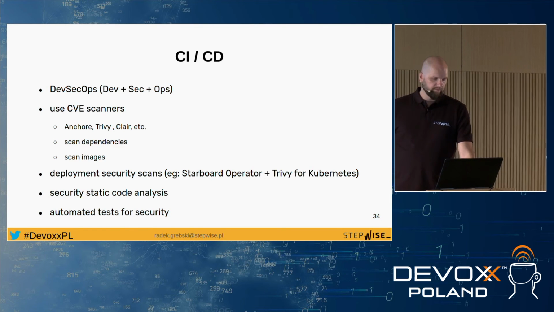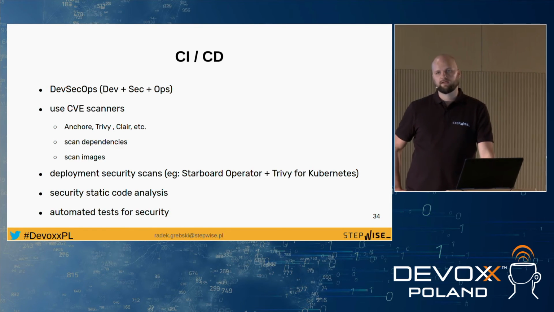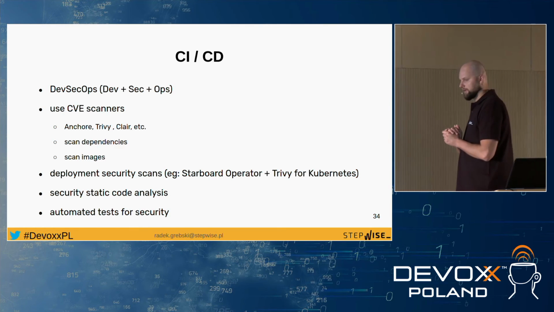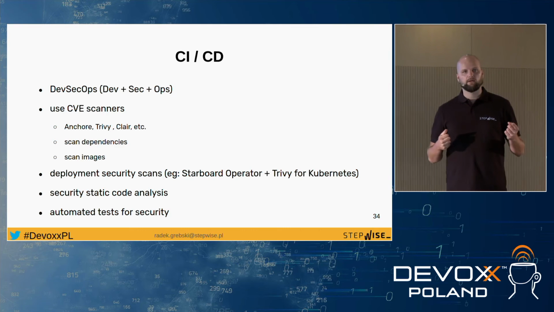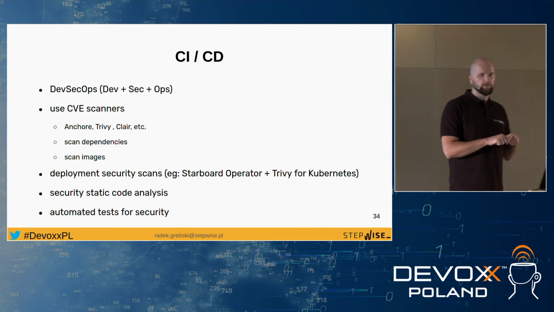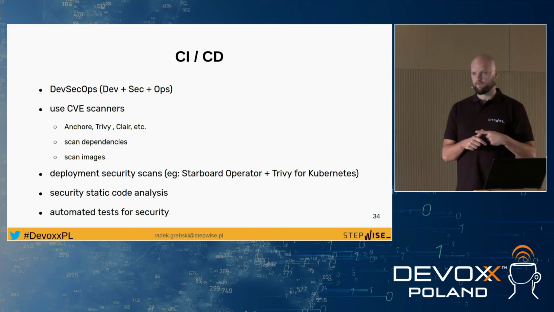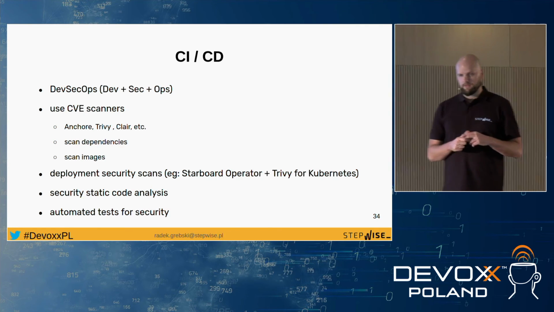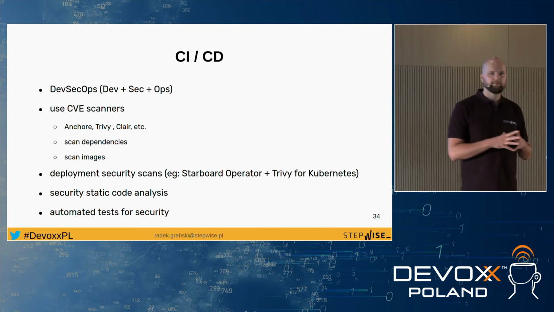Yeah, as I told you before, we should use CVE scanners, and it should be from the very beginning. Not only in CI/CD, we should use them also in our container registries. Most container registries have it built in.